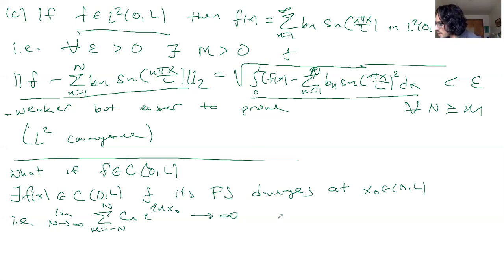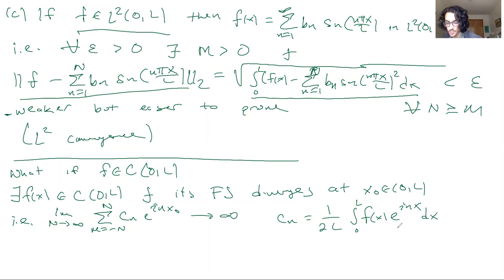These coefficients, c_n in this case, are the Fourier coefficients. I'm going to say that c_n is 1 over 2L times the integral from 0 up to L of f of x e^(-inx) dx.